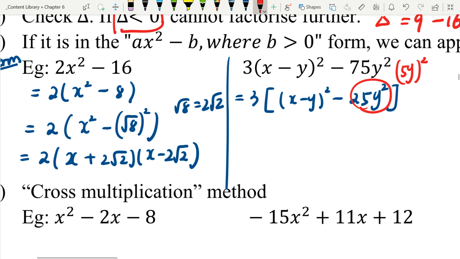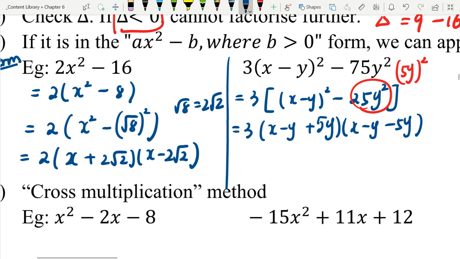It doesn't satisfy the formula a squared minus b squared. So I'll put 25y squared into 5y squared form. Then what I'll have is a plus b and a minus b, so that's x plus 5y and x minus 5y.